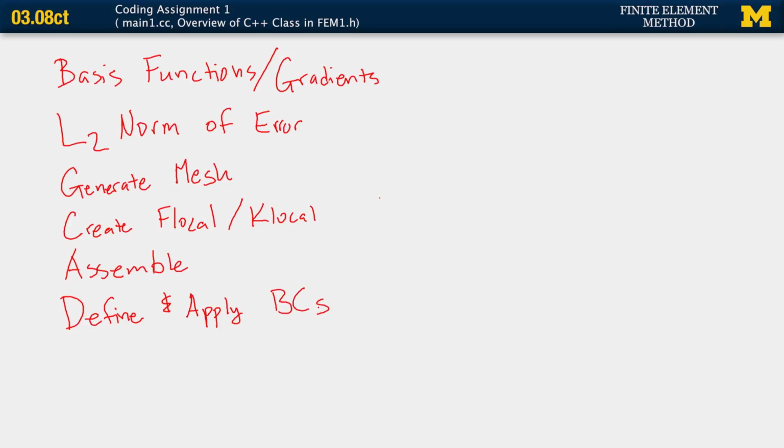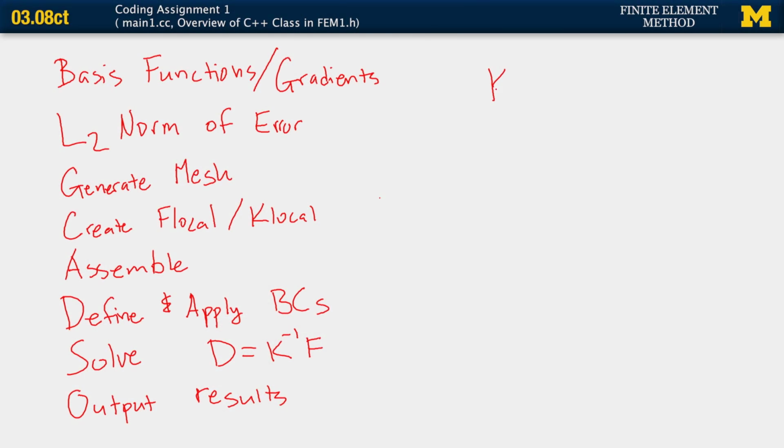After k and f are created, we have to solve for d, so we need some function that solves for d, where d is equal to k inverse f. And then you'll probably want to output your results somehow into some format.